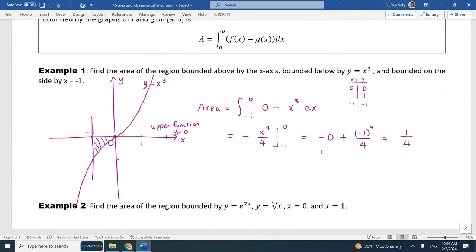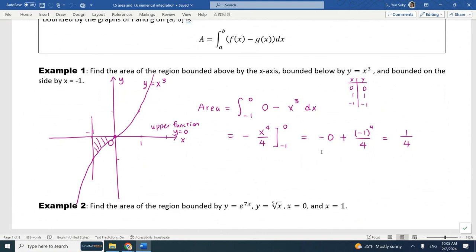Okay, why is it positive? Isn't the area under the x-axis? Should the area be negative? No. Because why? What are we doing? We're looking for the area between the curves. So in the definition, we use the upper curve minus the lower curve. So this is always positive.